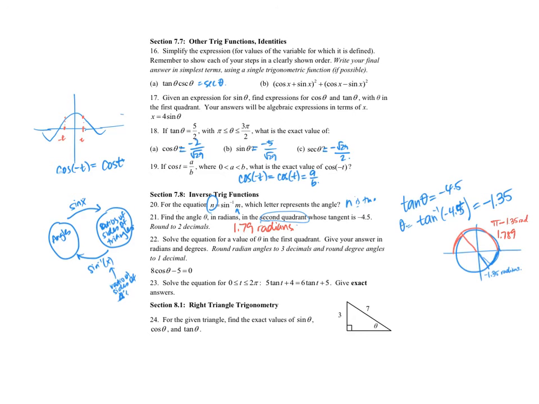So pi goes all the way to there, and then I can take off the 1.35 radians, and that gives me that same angle. Okay, next one.